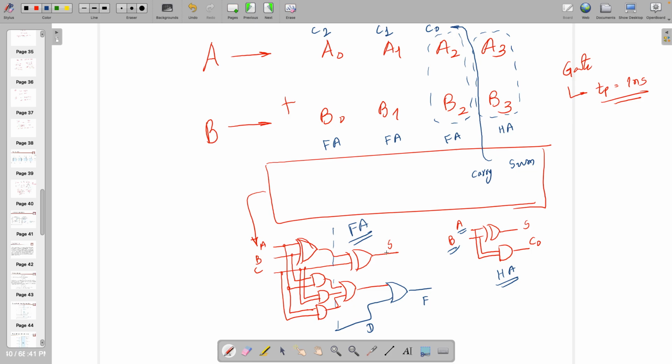You should not see after 2 nanosecond. At 2 nanosecond sum is available, but f is not available, right? You have to wait for so many gates on critical path. So in this critical path there are 3, but in this both are in parallel, so you have to consider only and only 2 gates.